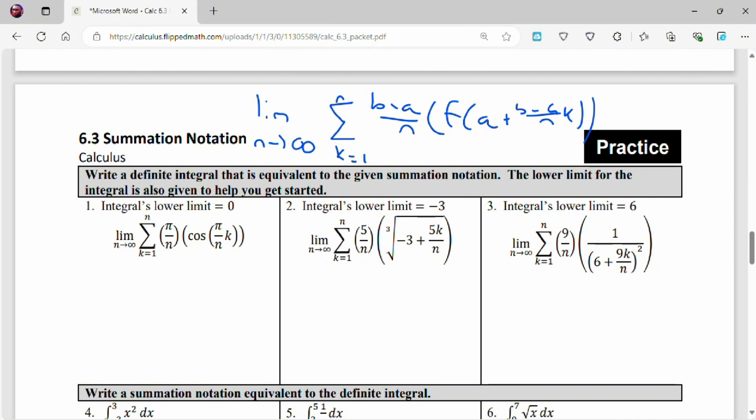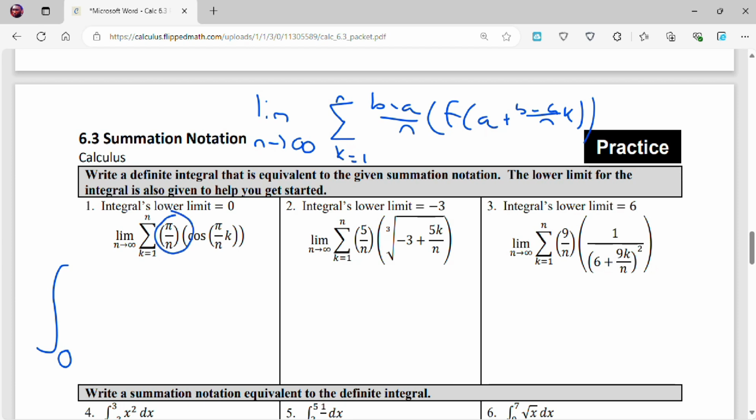Alright, let's get started. So question 1, we're given the lower limit for the first 3 questions, so that makes our lives pretty easy. So for the integral, our lower limit is a, right? So down here, lower limit. And remember, using the formula that I wrote, we can find what our b is.